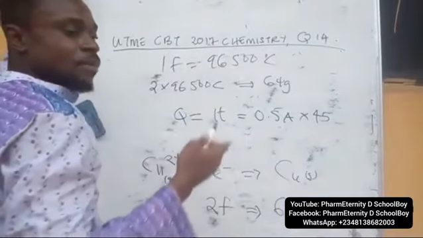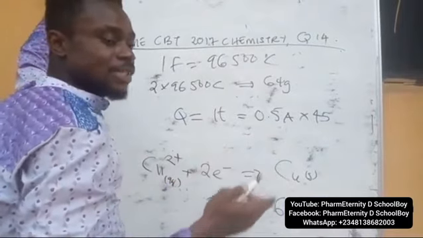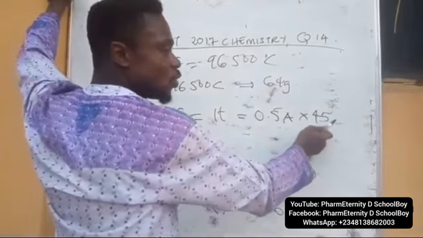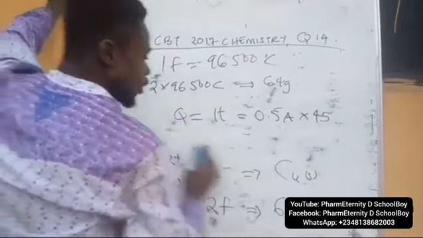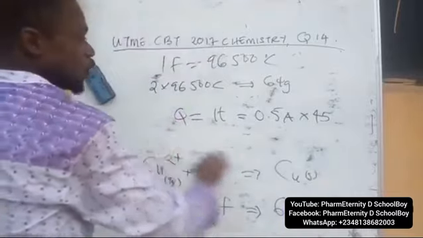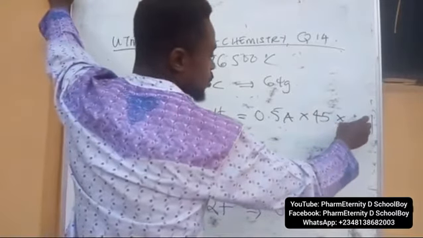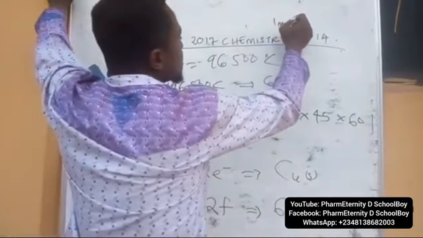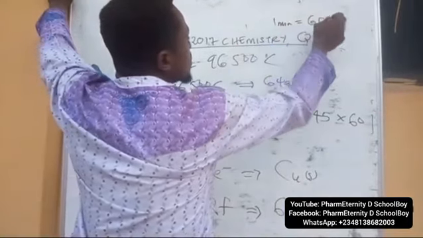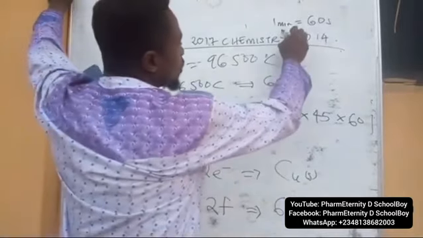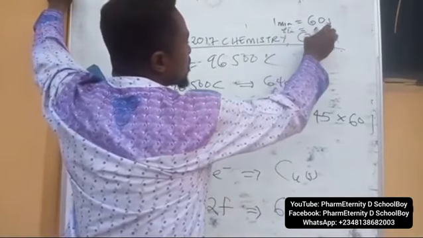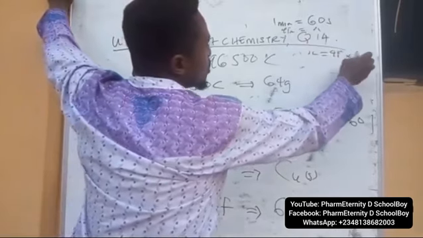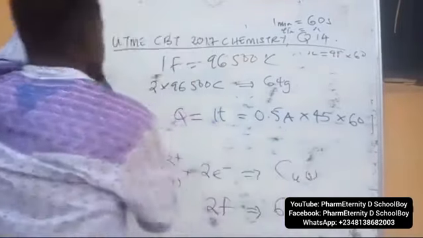There are 60 seconds in 1 minute, so in order to convert minutes to seconds, we multiply by 60, because 1 minute is equal to 60 seconds. Therefore 45 minutes will be 45 times 60 seconds. That's what we got here.